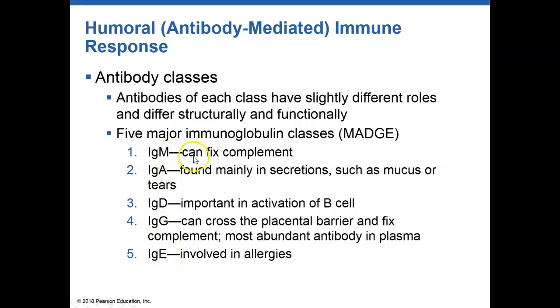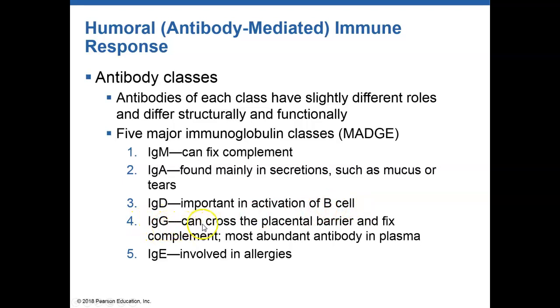IgM is what activates the complement system. IgA is typically found in our tears or in our mucus secretions. IgD is what helps to activate B cells.